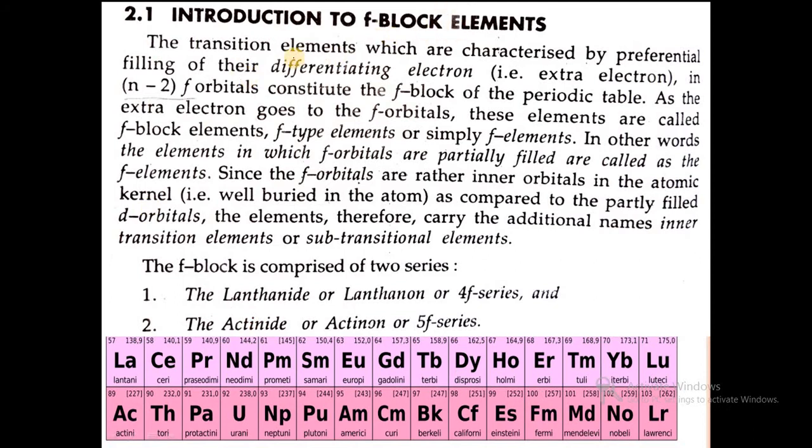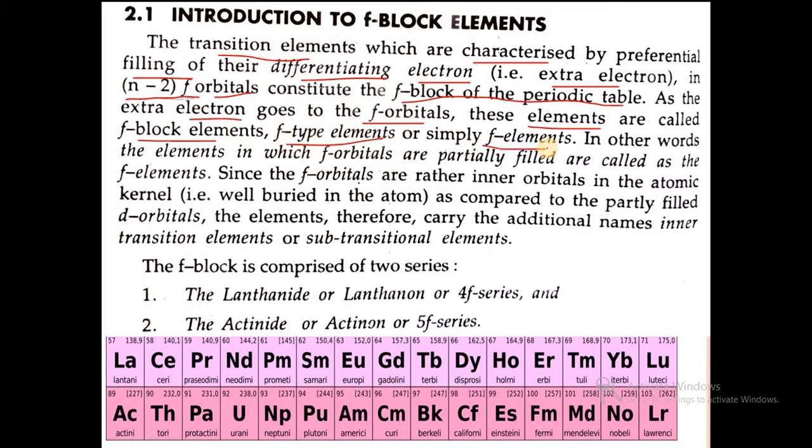In the case of f block elements, the transition elements characterized by preferential filling of their differentiating electron, that is the extra electron, in the (n-2)f orbitals constitute the f block of the periodic table. As the extra electron goes into the f orbital, these elements are called f block elements or f type elements.